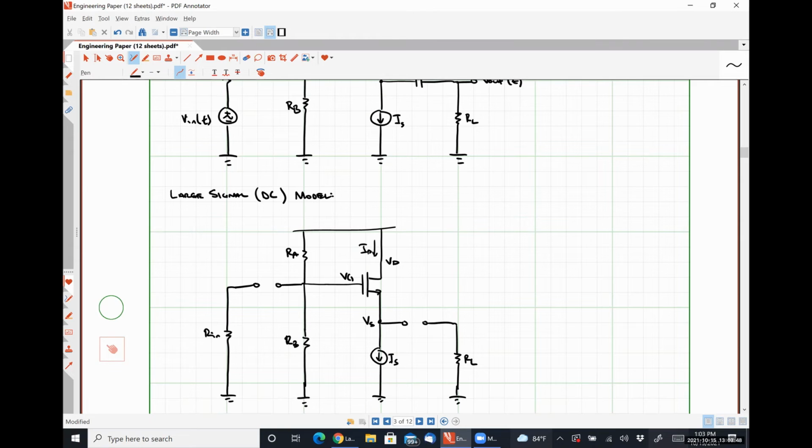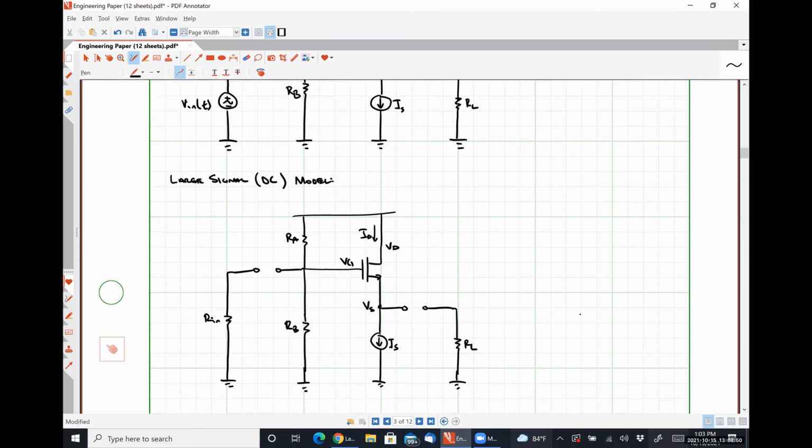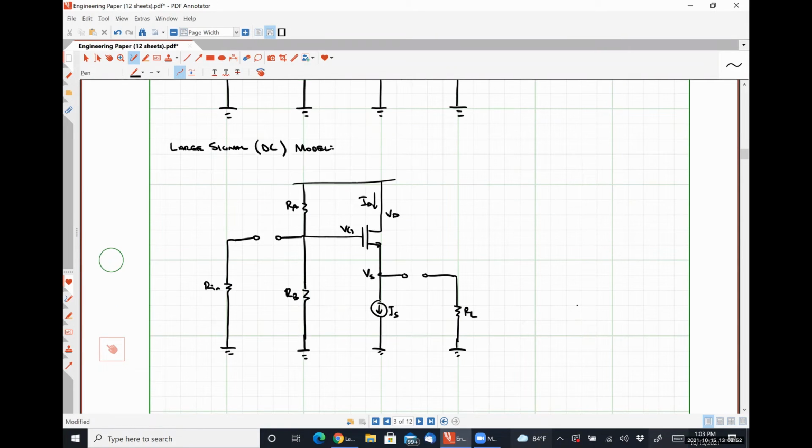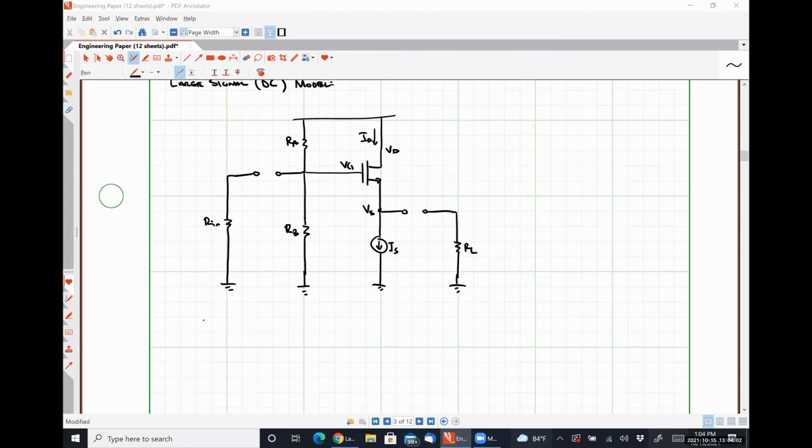So if we were to analyze this guy, let's start with something that I hope is obvious. What's our drain current? Exactly right.